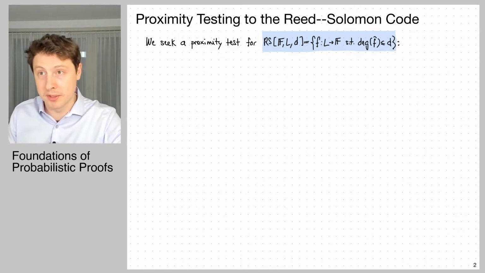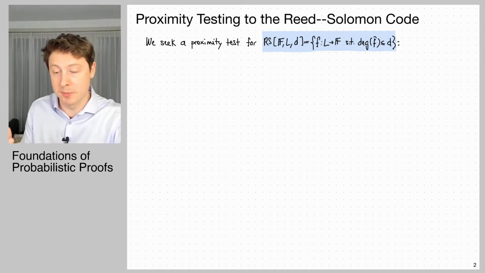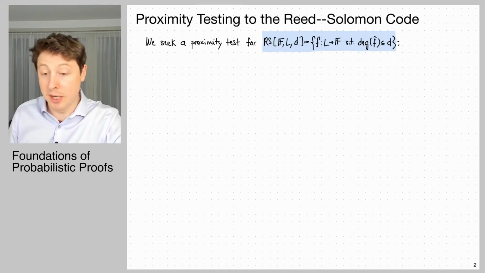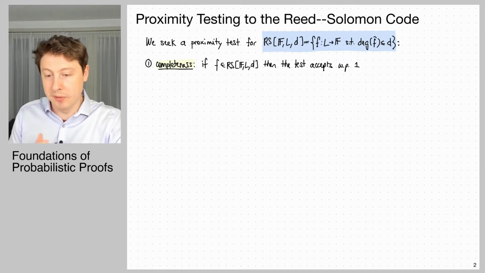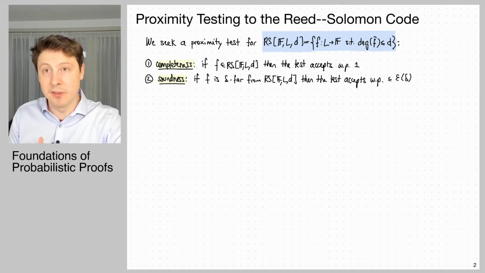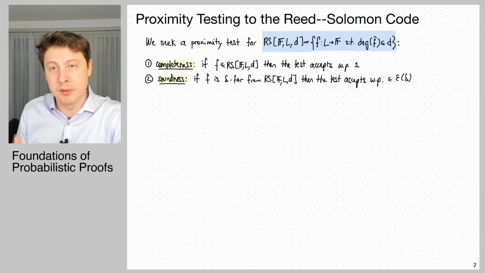That's what we want to test, whether the function that is given to us as part of a PCP or an IOP is close to this set. So completeness means that if the function really is in the set, the test should accept with probability 1. Soundness means that if the function is delta far, then the test should accept with at most some error that, of course, will depend on the distance.